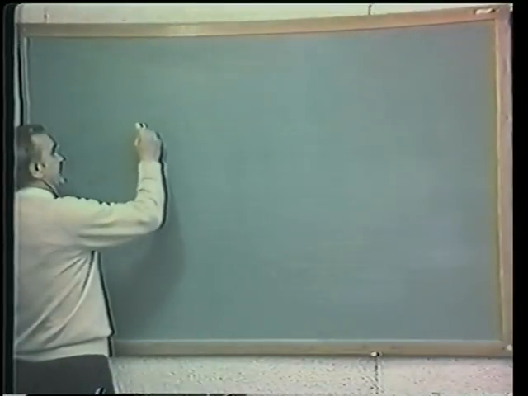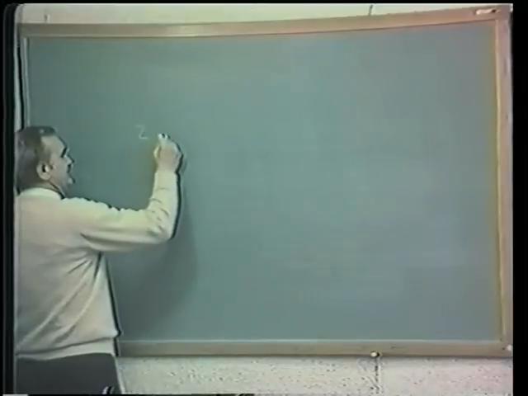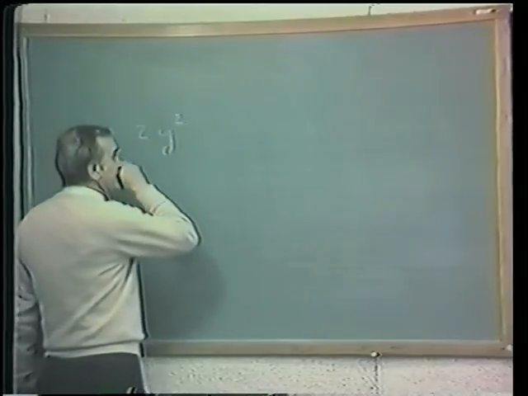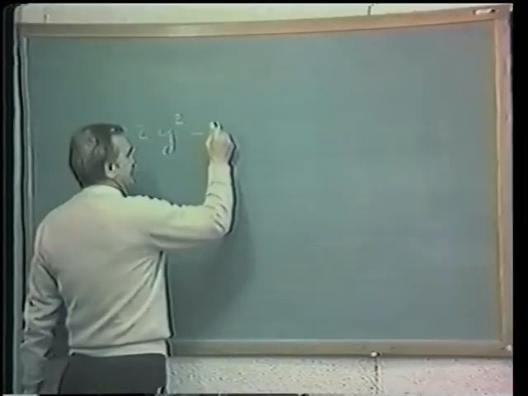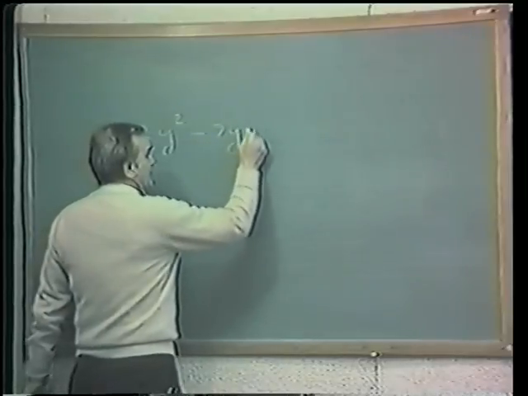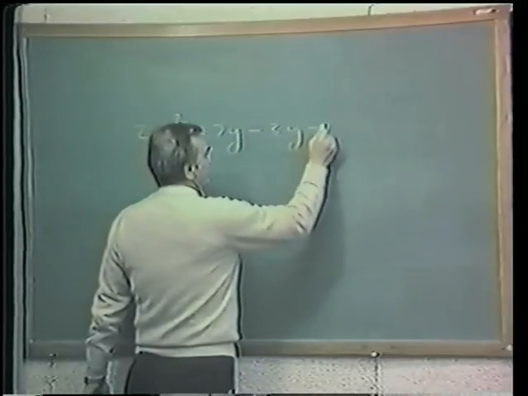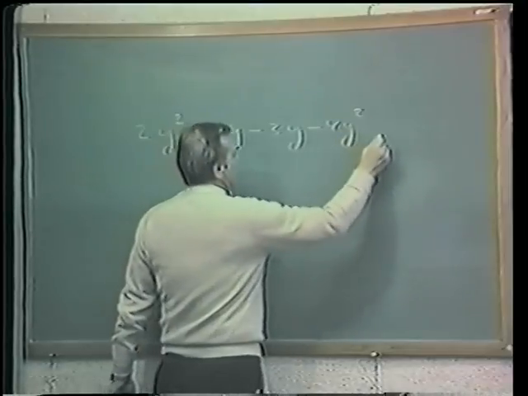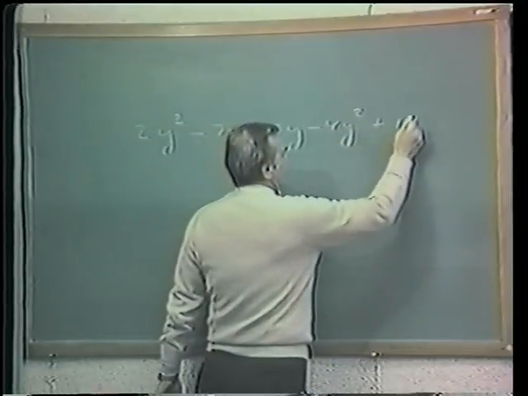Let's suppose we have 2y squared minus 7y minus 3y minus 4y squared plus 14y.